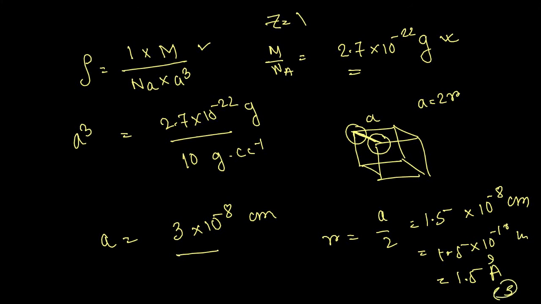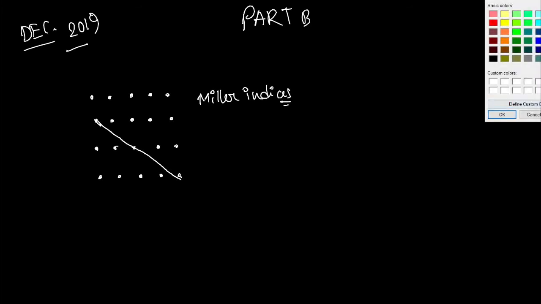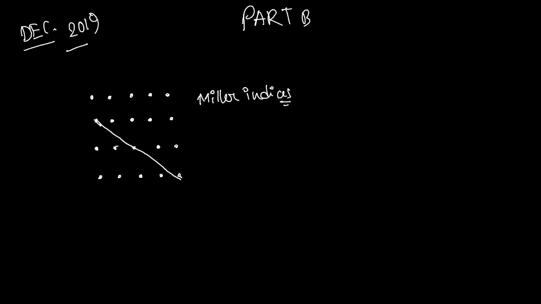And the next question is: here it is asked what will be the Miller indices for this plane. As we know, Miller indices is the reciprocal of Weiss indices. Now for Miller indices, if we draw this type of cubic lattice, there will be many planes, and suppose we have this plane, and this plane will be 220, because it has cut by two amounts, so no z, only x, y, a, b, no c.